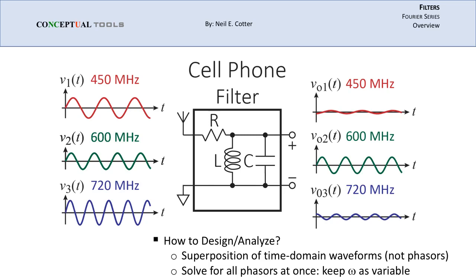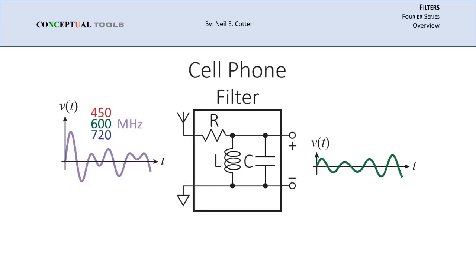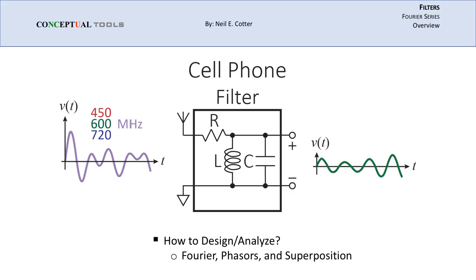It would be tedious to analyze every input frequency separately, but fortunately, we can usually analyze filters by retaining the frequency omega as a variable in the calculation and computing all the phasors at once. In summary, the tools we use to analyze and design a filter are Fourier theory, phasors, and superposition.